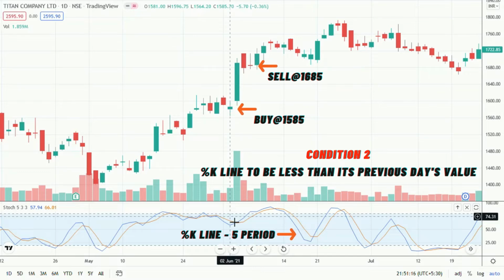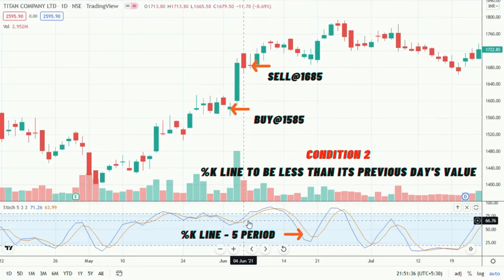Titan company stocks. At the top, you will see the closing price on 2nd of June at 1585.70. So at market closing, we should be able to buy around that price. So if this is day 1, this is day 2, day 3, and day 4.